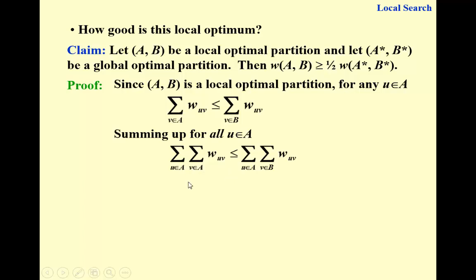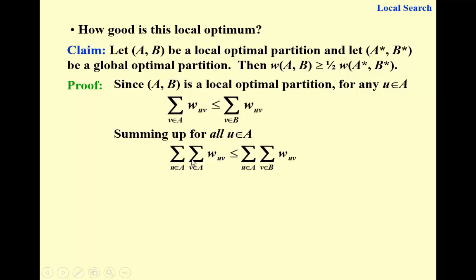What do we get? For this part, it's the sum of all the weights with u and v both in A, right? So we sum up the weights for every uv and every vu. So each edge is summed twice, right?